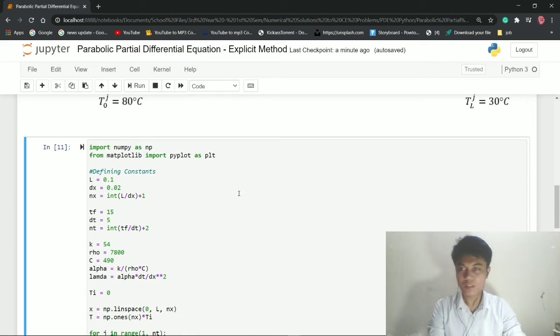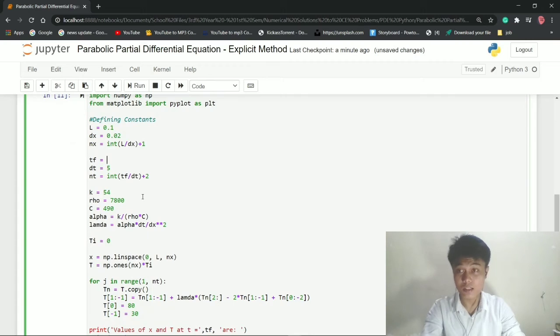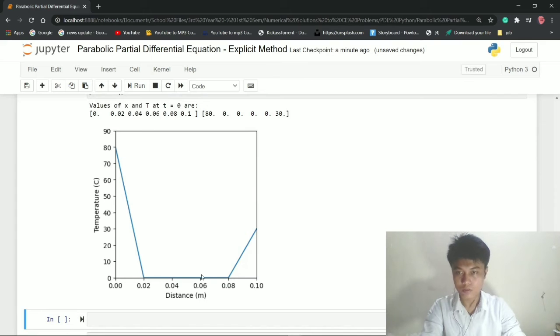So, try natin siya in its initial. Palitan natin yung ating TF to 0. So, yan. At time is equals to 0, kung makita natin dito, 0 degrees Celsius yung ating inner nodes.